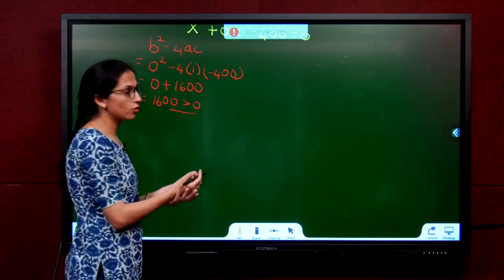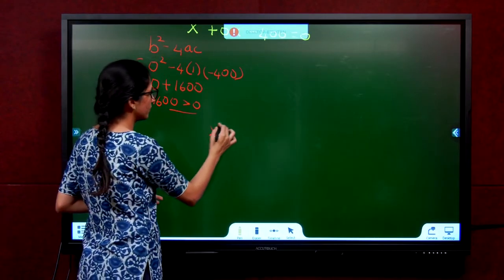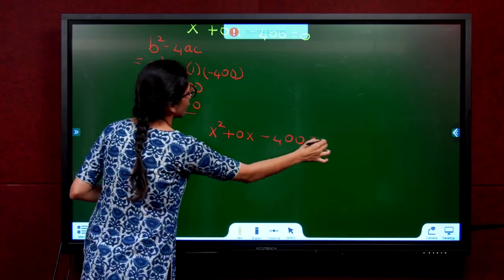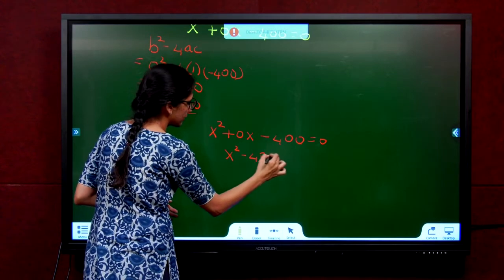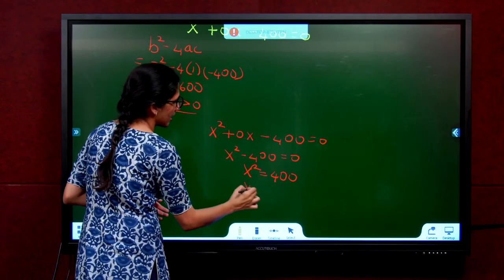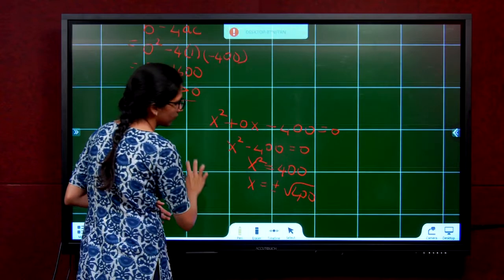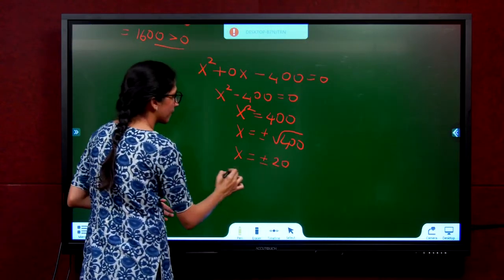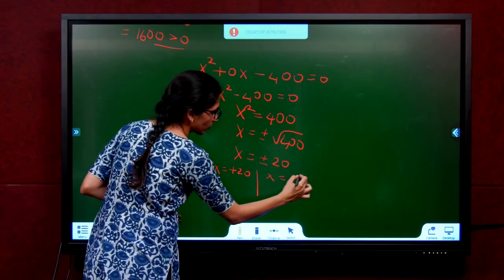If you want, you can go ahead with applying the quadratic formula, but since this is a very easy equation, x square plus 0x minus 400 is 0, we will directly solve it. x square minus 400 is 0, x square is equal to 400. x is equal to plus or minus root 400, x is equal to plus or minus 20. x is plus 20, x is minus 20.